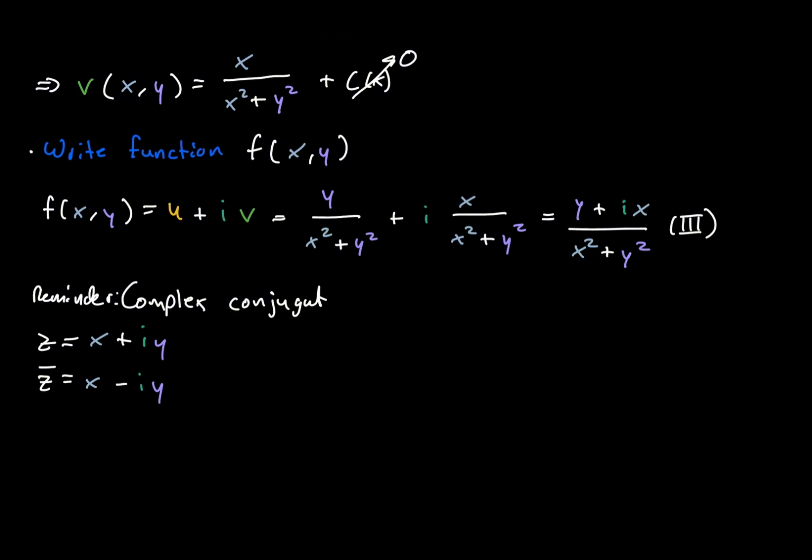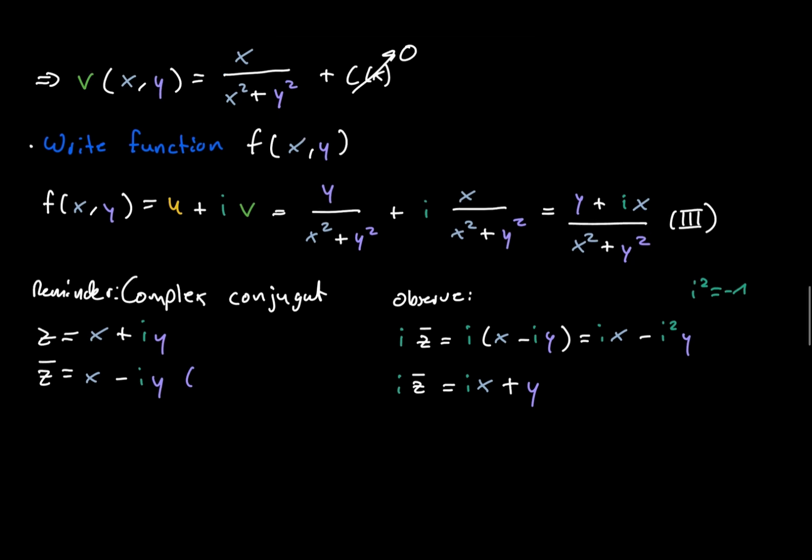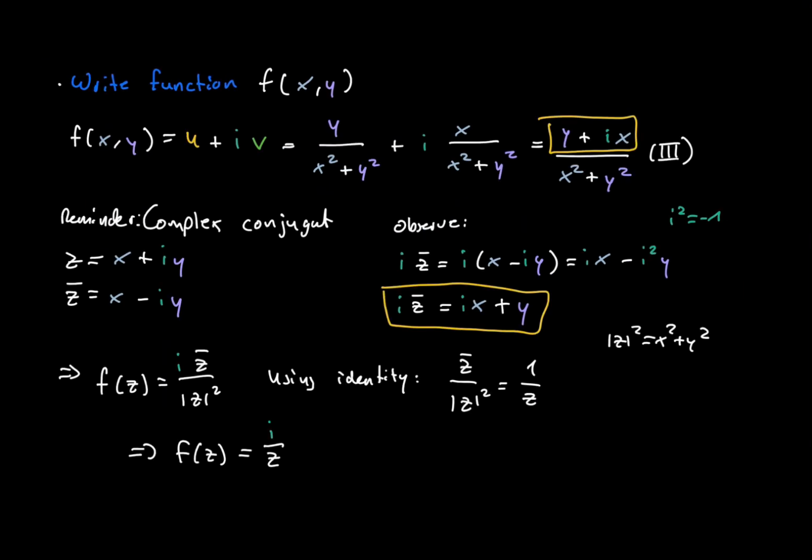Now notice, i times z bar equals i times x minus iy, which simplifies to ix plus y. So the numerator y plus ix can be written as i times z bar. That gives f of z equals i z bar over mod z squared.